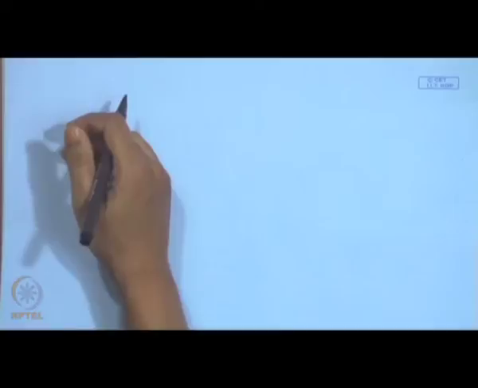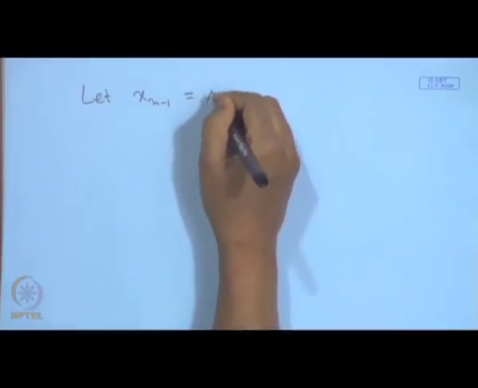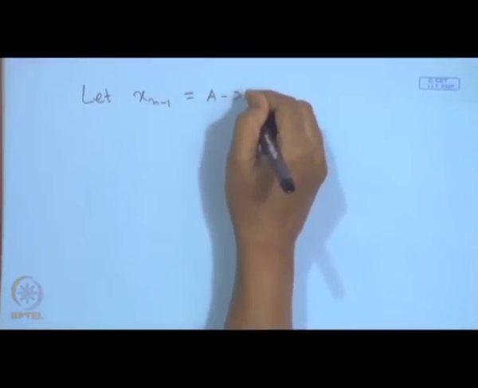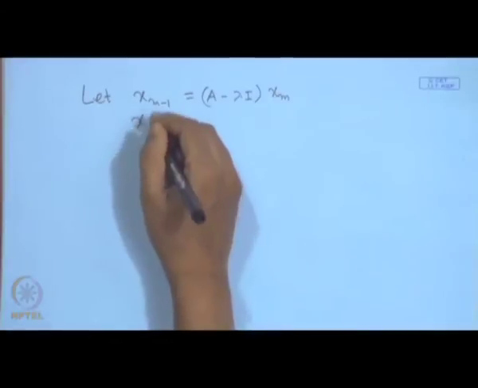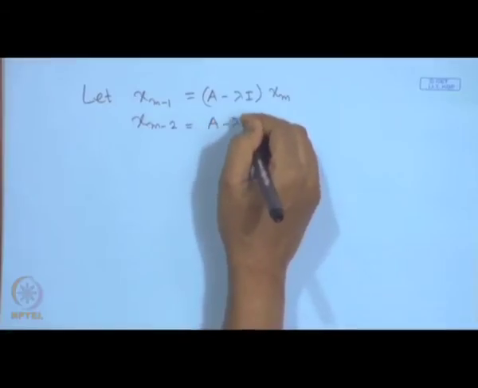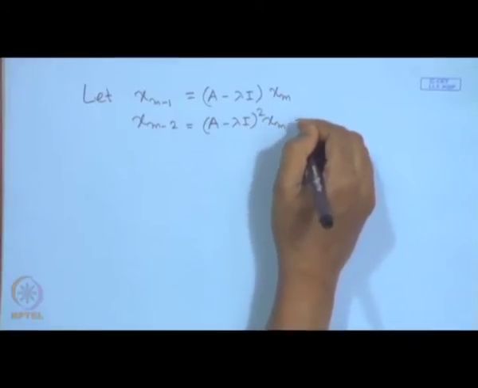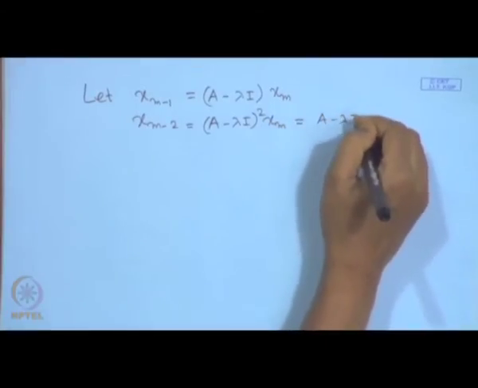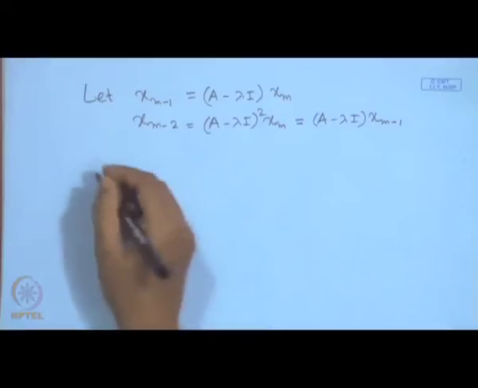And here we define the chain like this. Let x_{m-1} = (A - λI) x_m, x_{m-2} = (A - λI)^2 x_m, and that is equal to (A - λI) x_{m-1}.